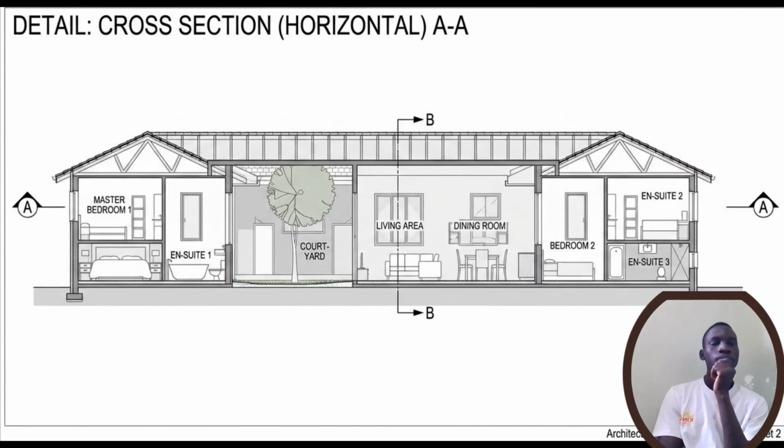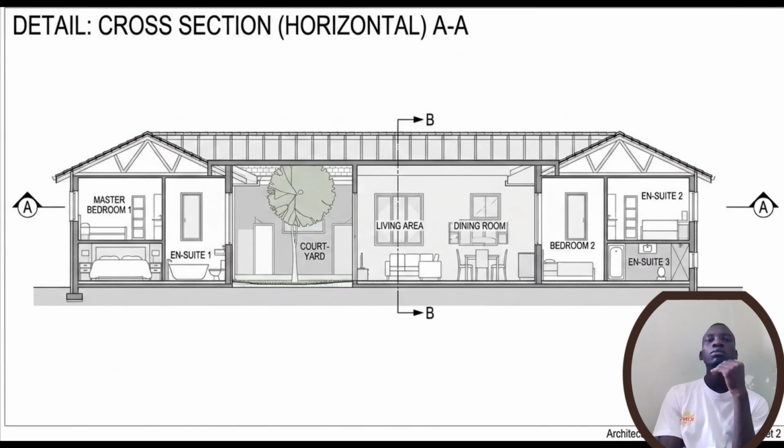If you go back to the plan, you'll see a sectioning line labeled A to A. That's how the horizontal cross sectioning line was taken to give us the internal features of the building, as you can see on your screen. Horizontally, we can see the master bedroom and the features inside.